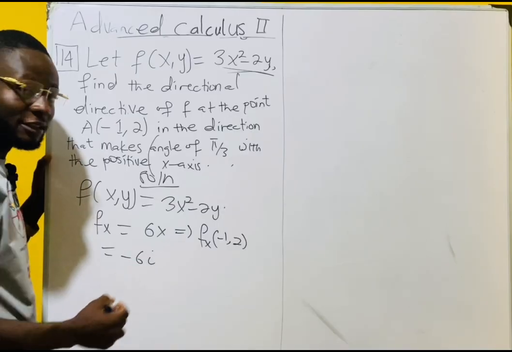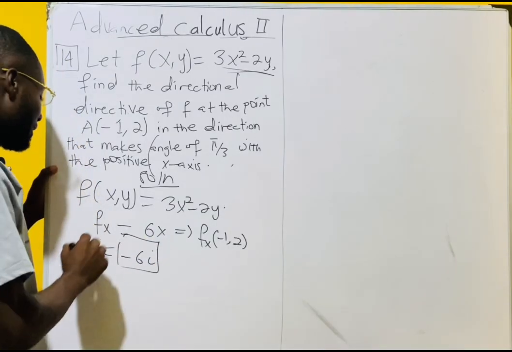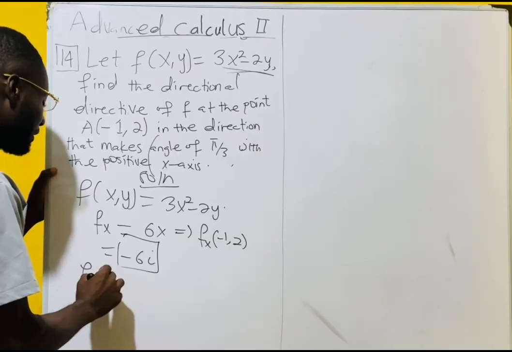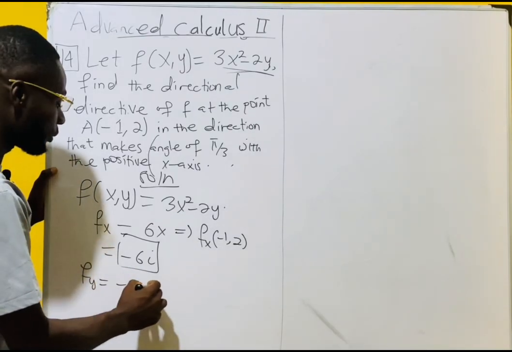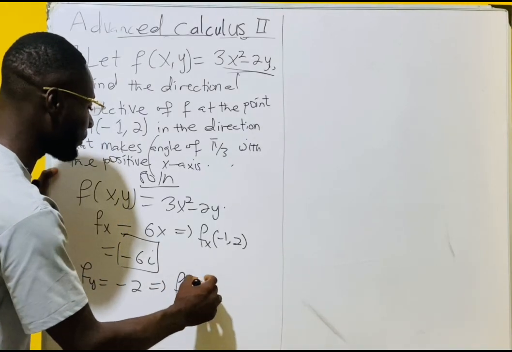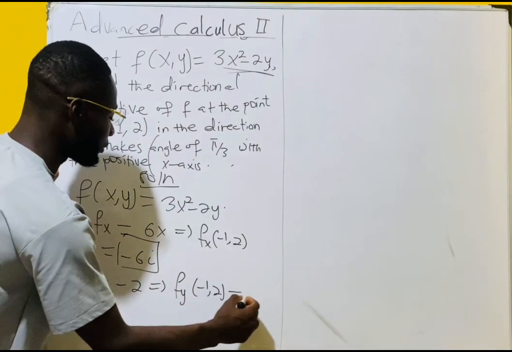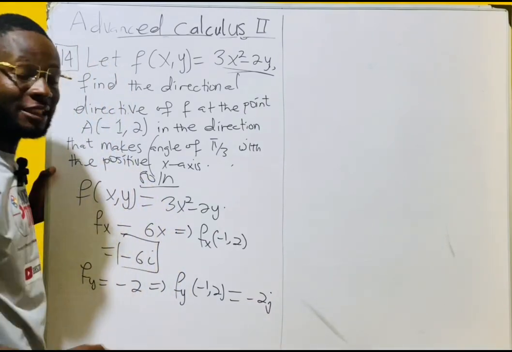So basically it's -6i, right? So we have the first part. Then fy will be equal to -2, right? So meaning that if we substitute at the point -1 and 2, we are going to still have -2, right? So we have -2j.